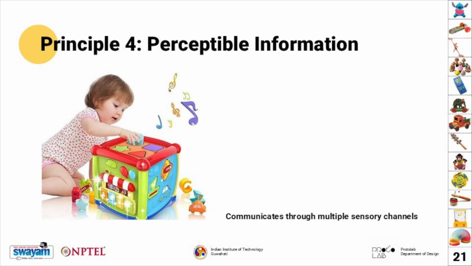A child in a noisy environment or with hearing difficulty misses the event. Now the game pace changes for them alone. If the same success is shown through movement or color change, everyone stays synchronized. Perceptible information, therefore, keeps players in the same shared moment.